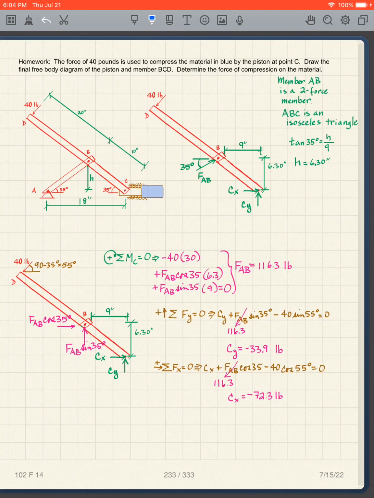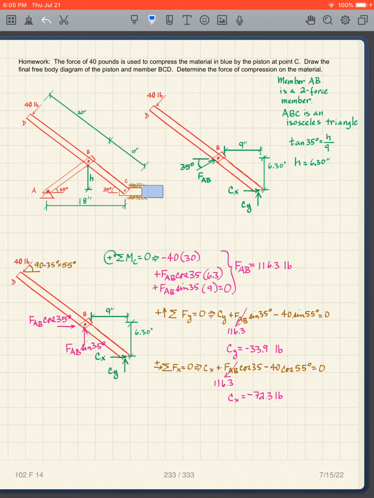So now I'm taking moments about C. The easiest way to do that is to not break the 40 pounds into components, because I already know it's perpendicular to the distance that I know. So it's going to be minus 40 times the length 30.